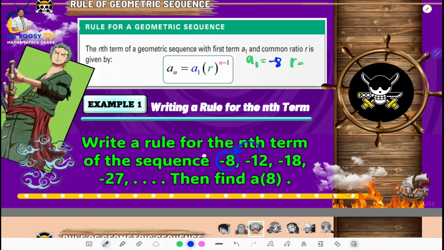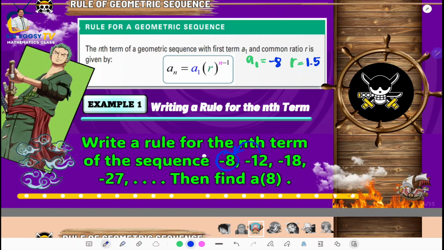In this case, negative 12 divided by negative 8 is equal to, since both of them are negative, they will take a positive value. So 12 divided by 8 is equal to 1.5, or in fraction, this is equal to 3 over 2. So let's use the decimal number.